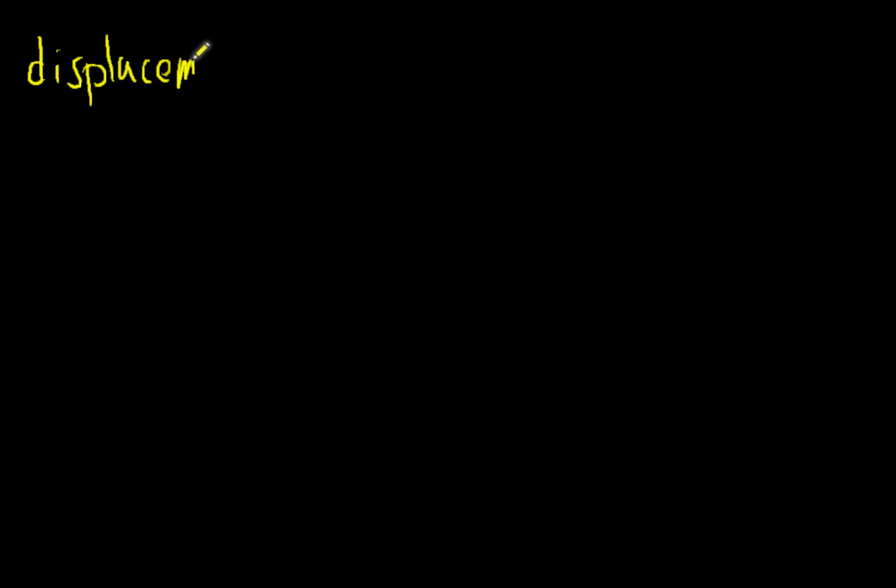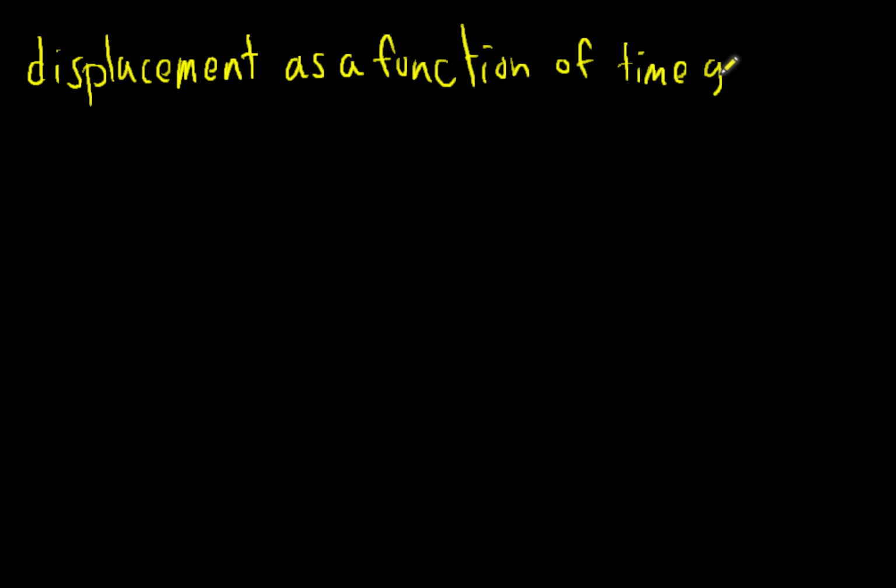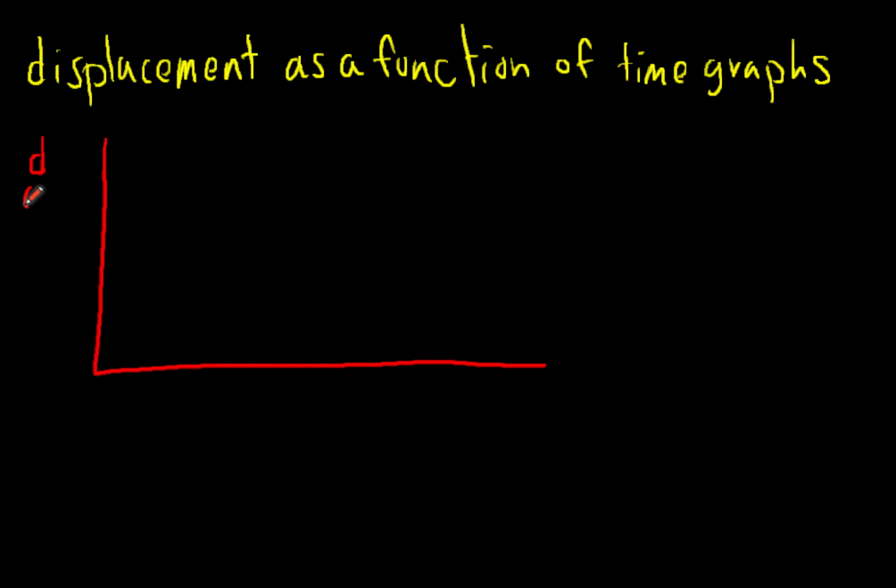First, we're going to look at what tangent lines mean on a displacement as a function of time graph, a d versus t graph. Here's an example of a simple d versus t graph.